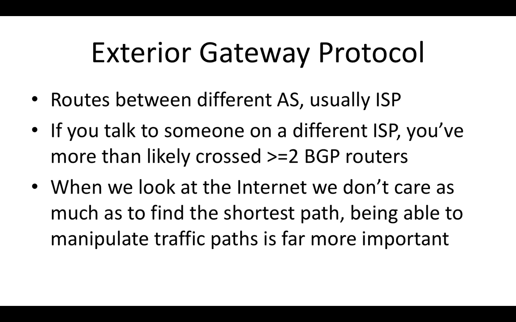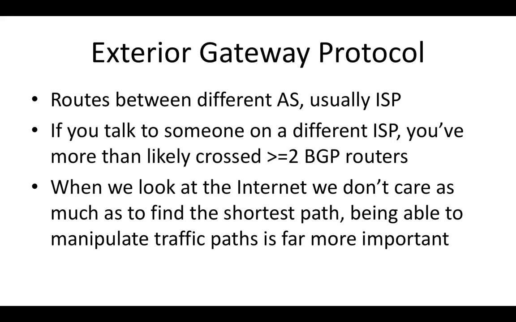What we concern ourselves with more is choosing the path of how our traffic gets from point A to point B. We're going to use that path selection to route between different autonomous systems. Remember, these autonomous systems are generally a collection of routers that we own, something under our control or our domain. And typically when we think of BGP, we're talking about ISPs and larger scale environments.